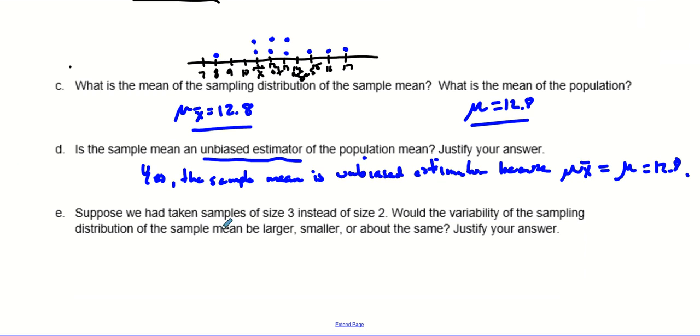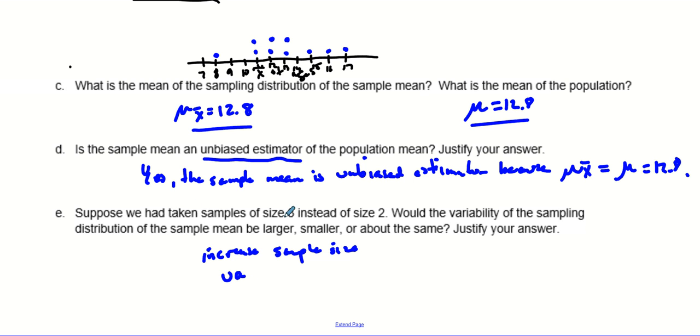And so now suppose we had taken samples of size 3 instead of size 2. Would the variability of the sampling distribution of the sample mean be larger, smaller, or about the same? Now, when you increase the sample size, what do we know? Whenever you increase sample size, variability decreases.